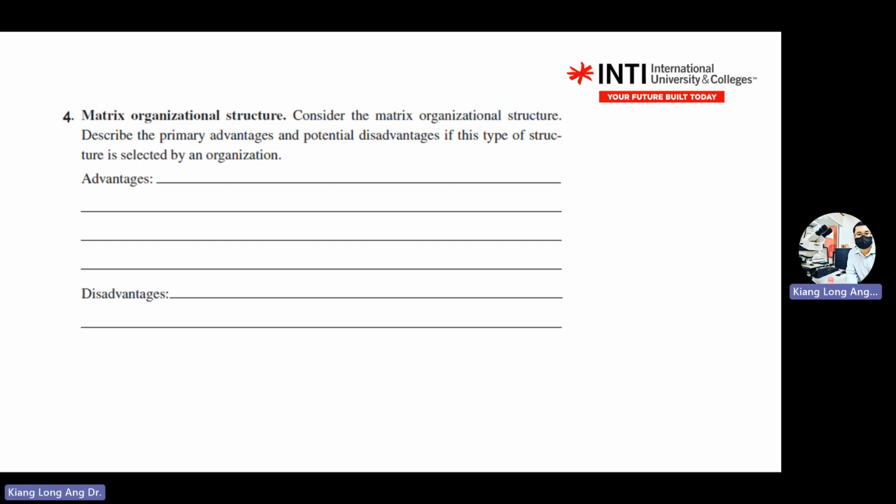What happened to the coordination between functional units in this matrix organization chart? Better, right? Better coordination. So the second point is coordination, but you add in better or improved coordination between functional groups.